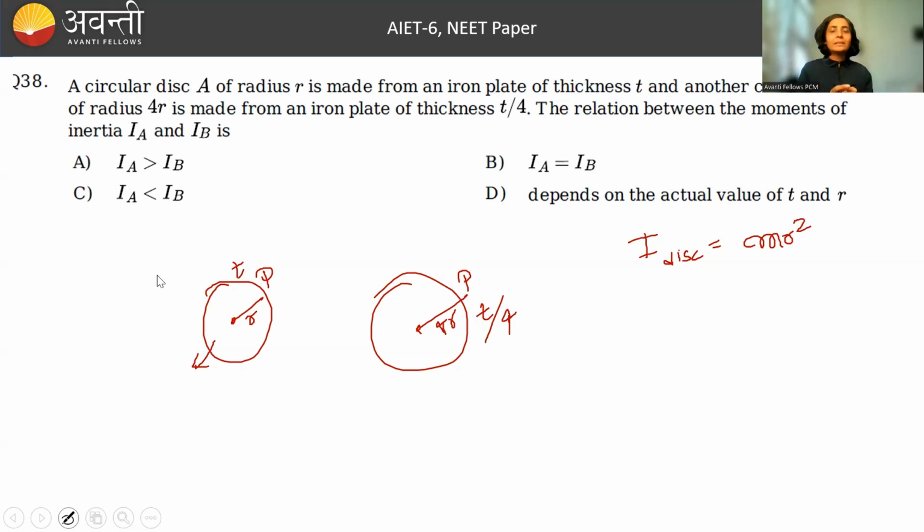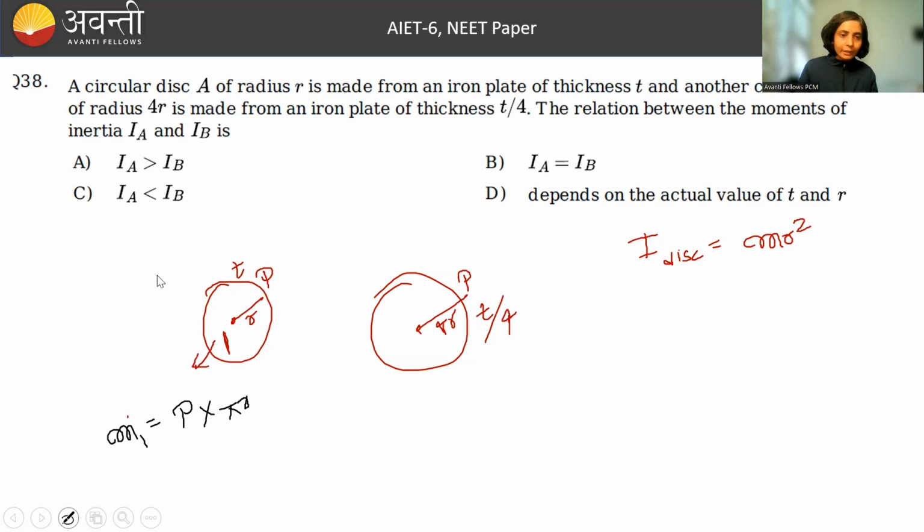T. So any disk is like a cylinder. If thickness is very small, we neglect that thickness and we call it a disk. Otherwise, it's a cylinder, right? But to calculate its mass, if the disk has a thickness T, then we will see it like a cylinder for calculating mass. And mass of the first disk, I would say M1, will be equal to how much? Density rho into volume. Volume is how much?